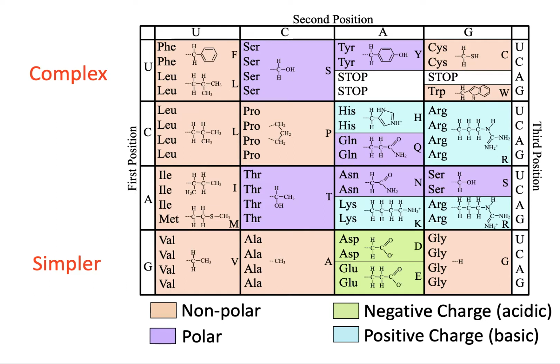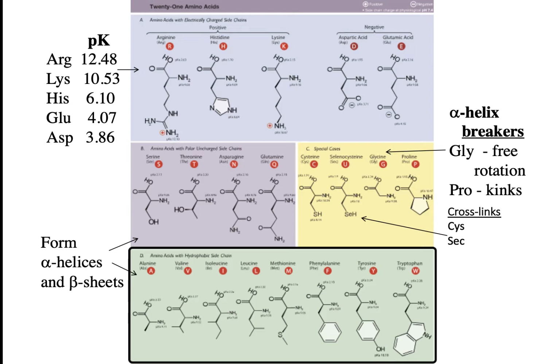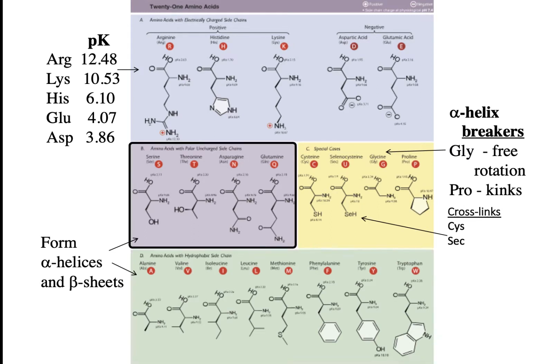So here are the amino acids grouped as to what they do in a protein. So down here you have alanine, valine, isoleucine, leucine, methionine, etc., getting larger and larger and primarily having some hydrocarbon groups coming off of them. And these form primarily alpha helices and beta sheets in the protein.